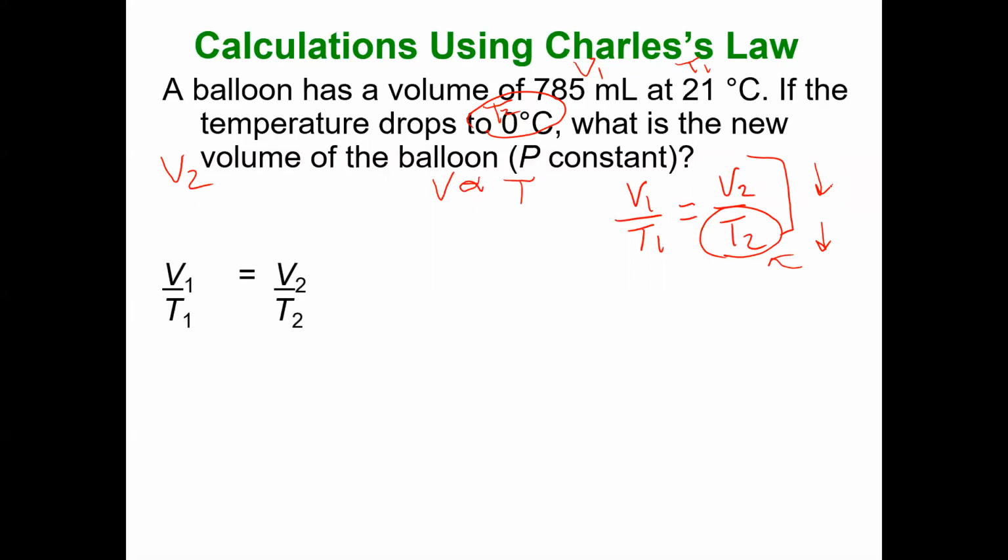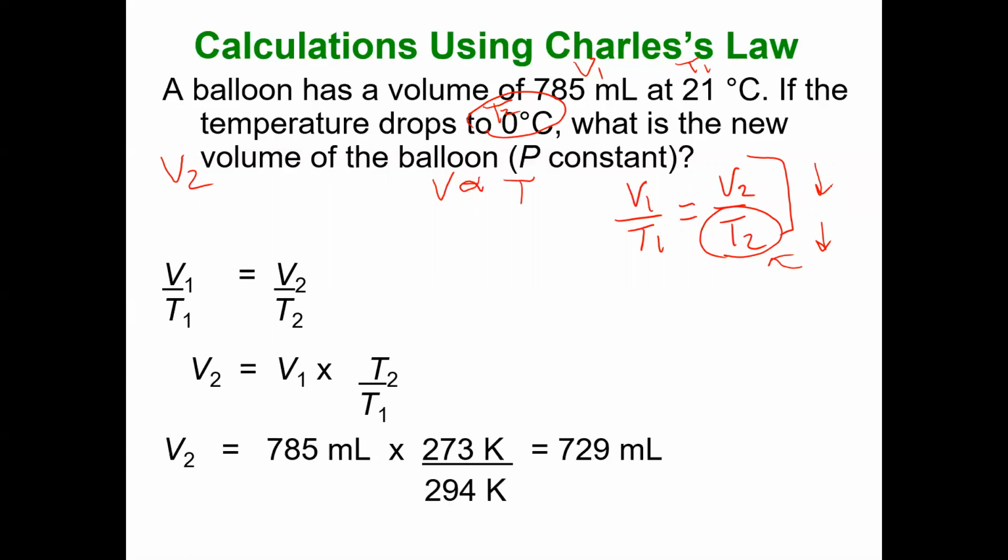So V1 over T1 equals V2 over T2. That's Charles' law. I can rearrange that for volume. And now I have to plug in the temperatures in Kelvin. So remember, T2 was 0 degrees Celsius, and 0 degrees Celsius plus 273 gave me my Kelvin, which is 273.